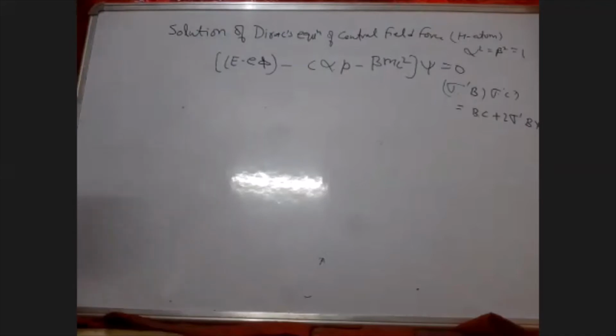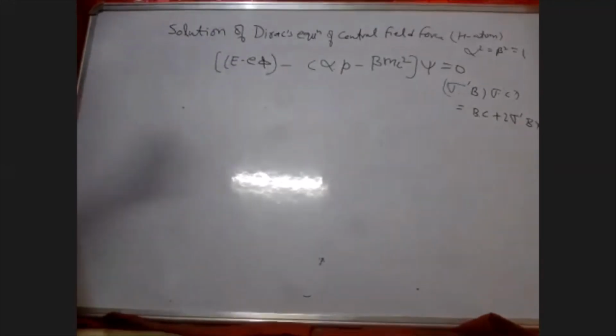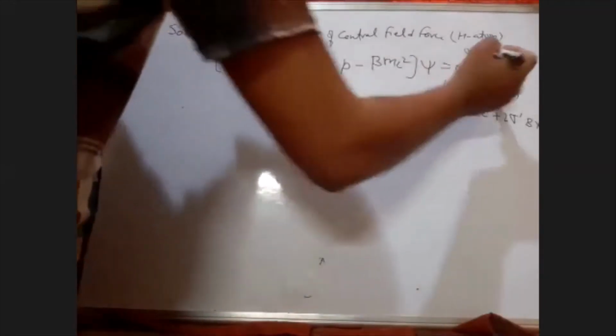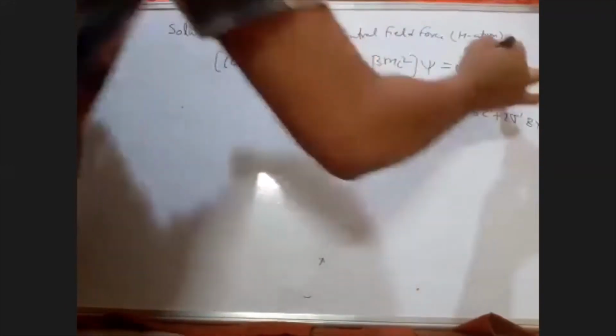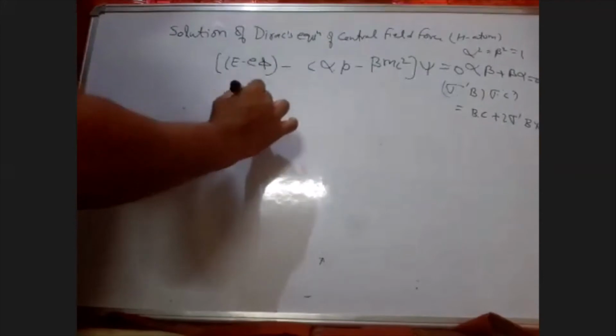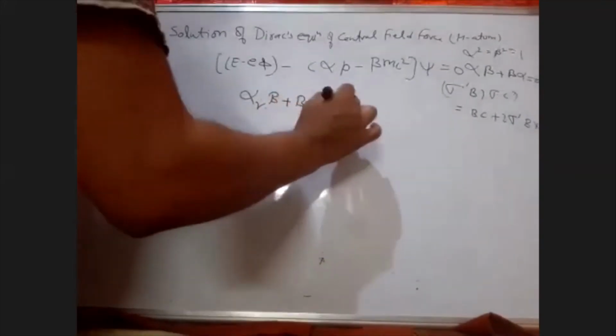Now we can show that alpha r anti-commutes with beta. As alpha anti-commutes with beta, similarly we can show that alpha r also anti-commutes with beta.